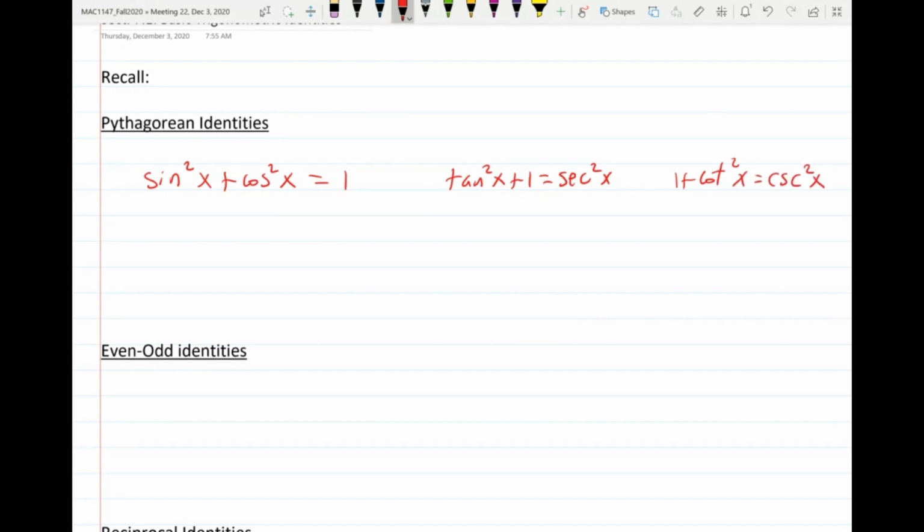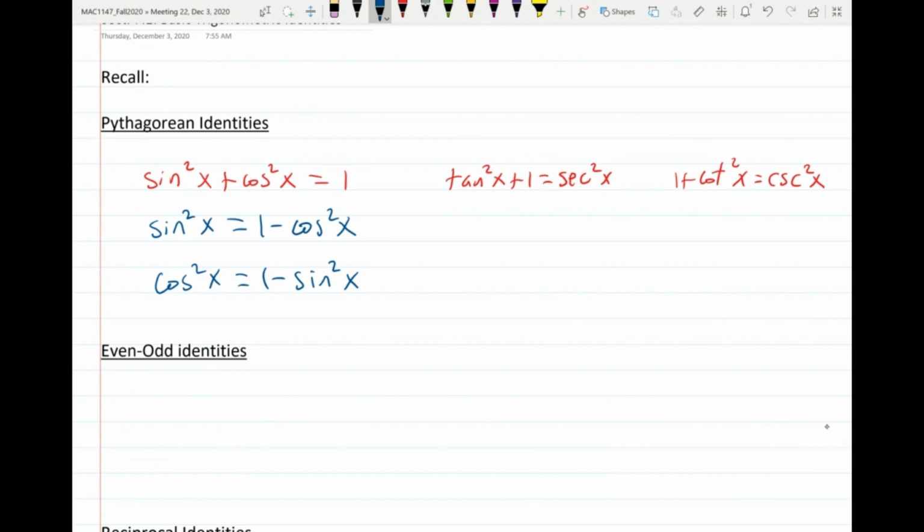So these three are called the Pythagorean identities, and usually they are not used this way, but in a different form. In particular, for sine squared plus cosine squared equals 1, one helpful way of using this is that sine squared is 1 minus cosine squared, right? So it's a way of writing sine in terms of cosine, and similarly cosine squared you can write in terms of sine as 1 minus sine squared.